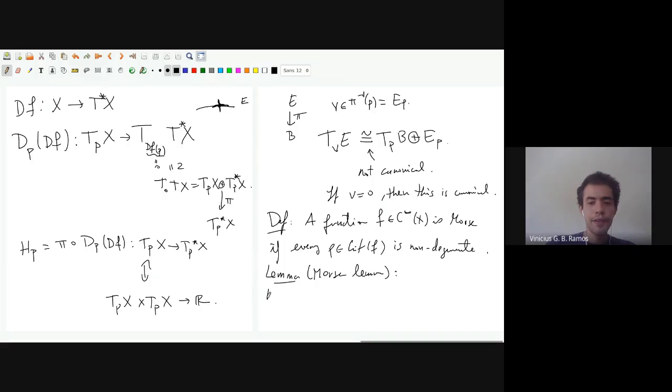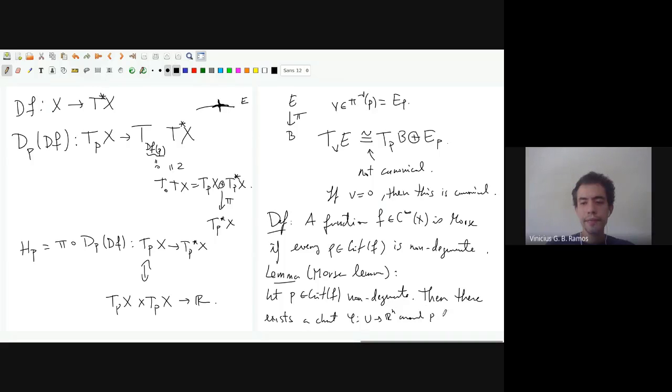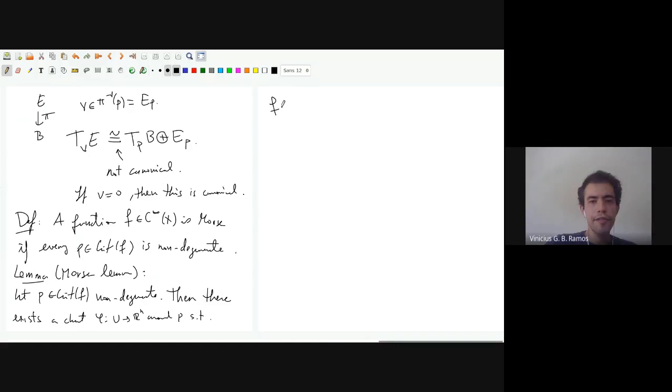Let P be a critical point which is non-degenerate. Then there exists a chart phi around P such that the function f in this chart has a very nice expression.